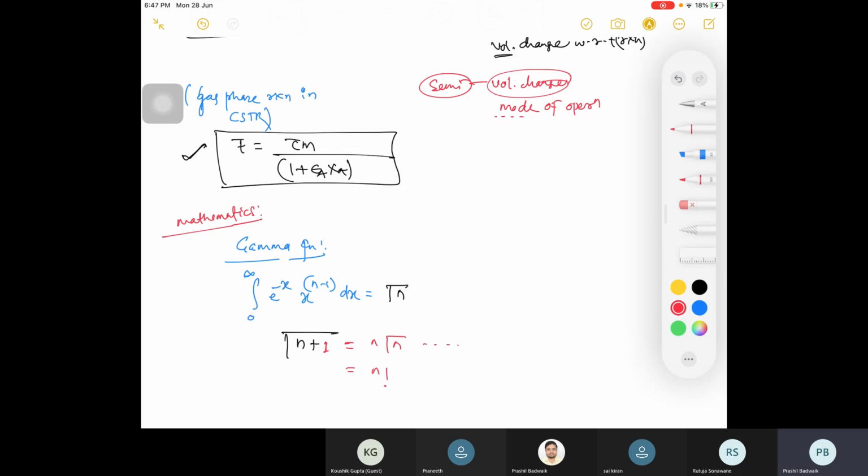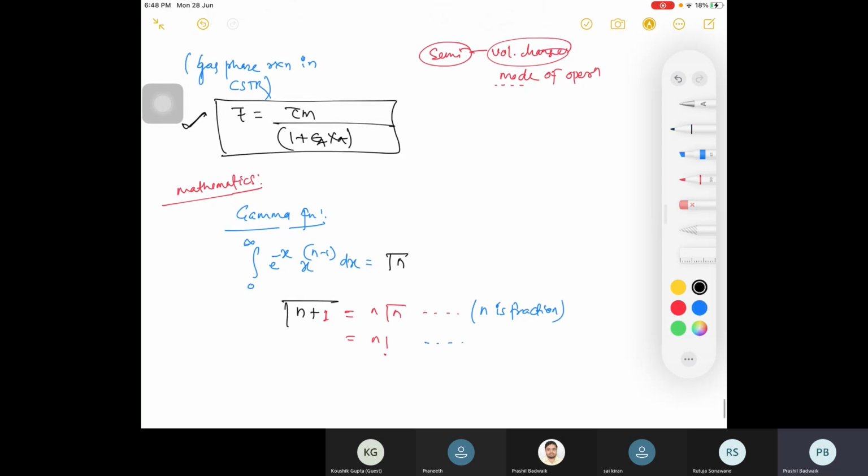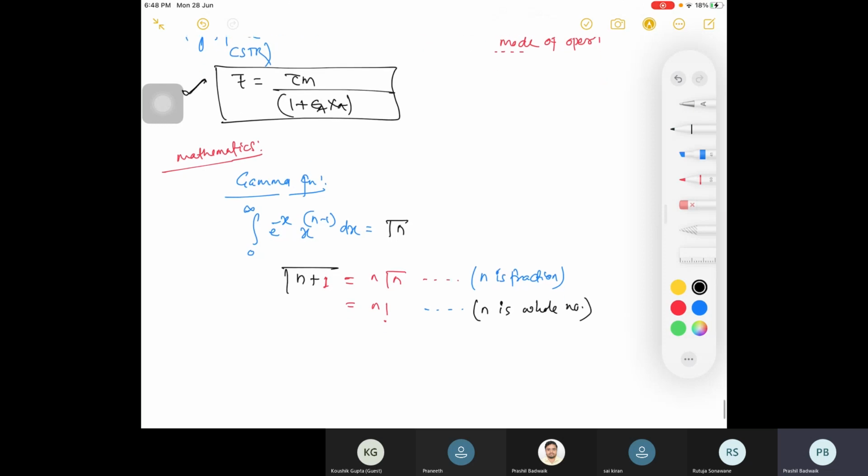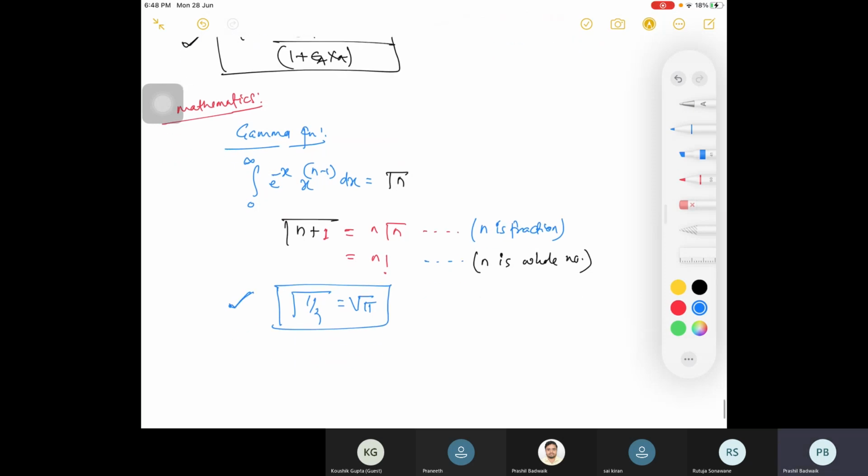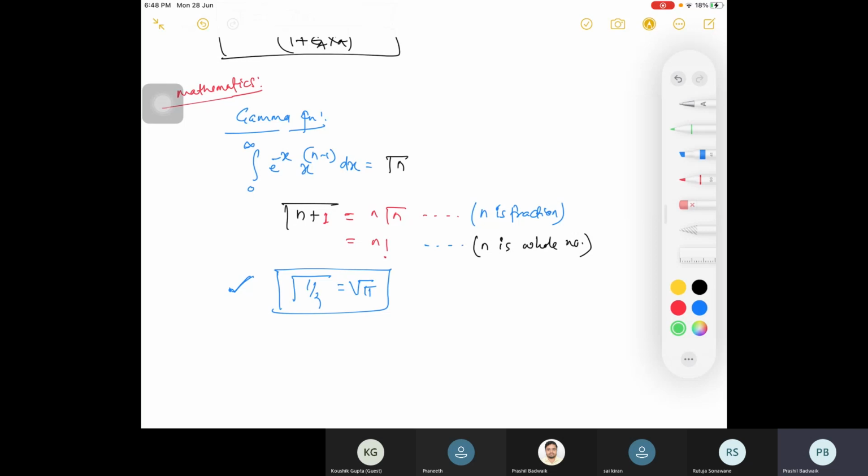When n is a fraction, you will be having n gamma n, and if n is a whole number, you will be having n factorial, right? So here one thing extra, that is your gamma 1 by 2 is equal to root pi. This is just basic. Okay, now can you guys please tell me what is your gamma 3?